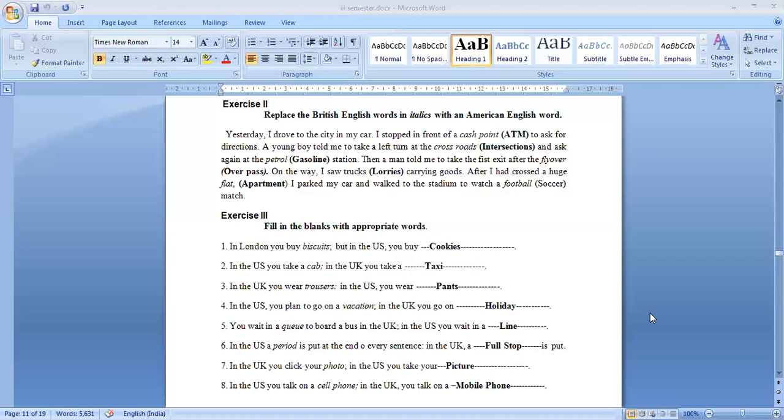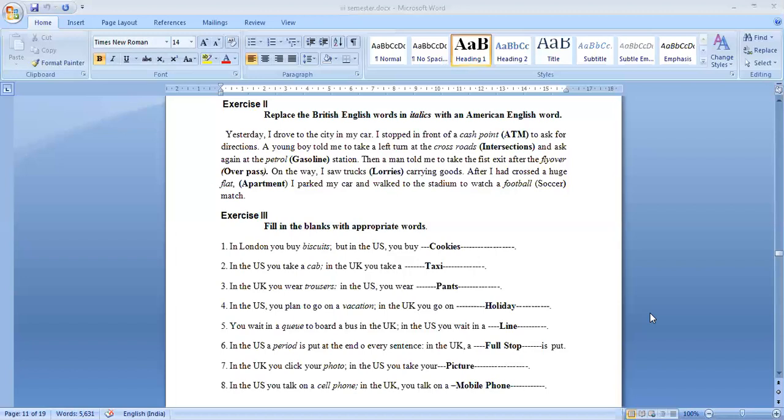A young boy told me to take a left turn. Then I asked a young boy, and that young boy advised me to take a left turn at the crossroads. So there are crossroads, where there are some 3 or 4 ways. All the ways cross at one place.